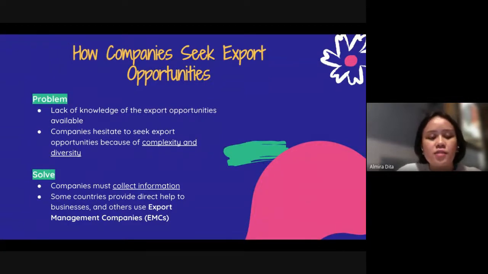Identifying export chances is made even more difficult by the fact that there are over 200 countries with completely different cultures. Therefore, firms sometimes find it very difficult to pursue export opportunities when confronted with such complexity and diversity. And therefore, how do we overcome this?